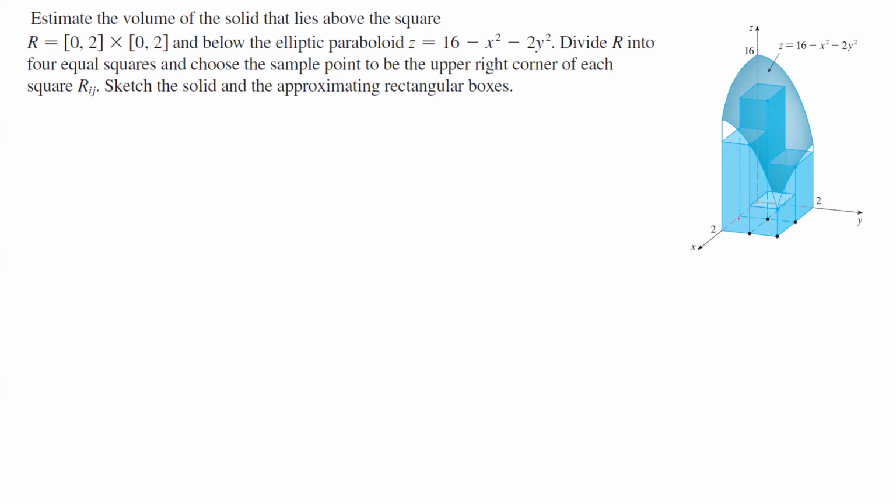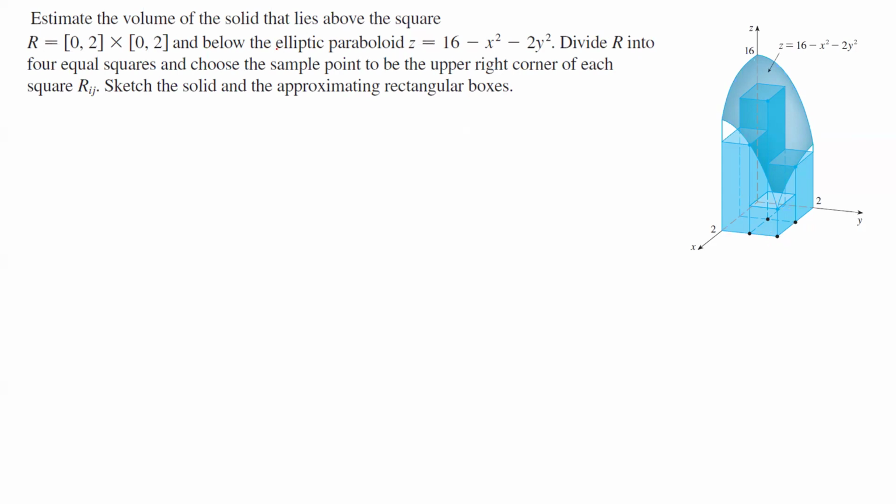So here you have the closed interval 0 to 2 and the closed interval 0 to 2. The Cartesian product gives you this small rectangular region.